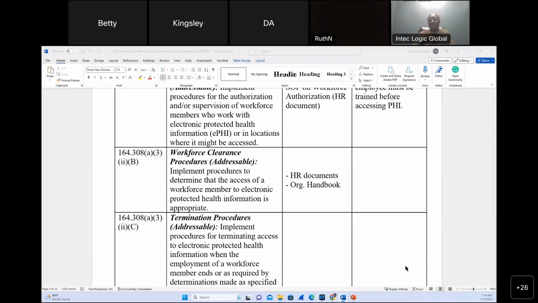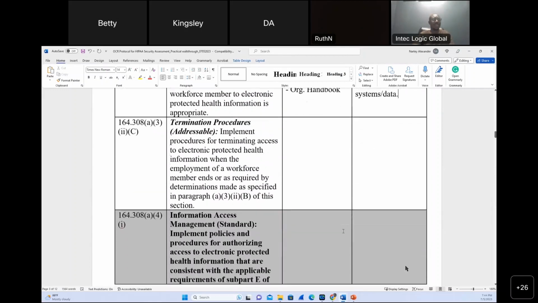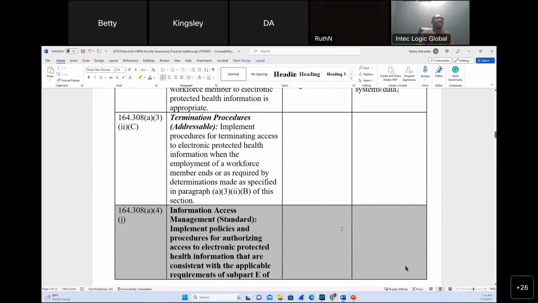Good. So let me copy that here, like Kingsley said. So they need to be background checks, training before accessing confidential data or systems, right? They can all be found within this document. Good. Let's look at the next one.